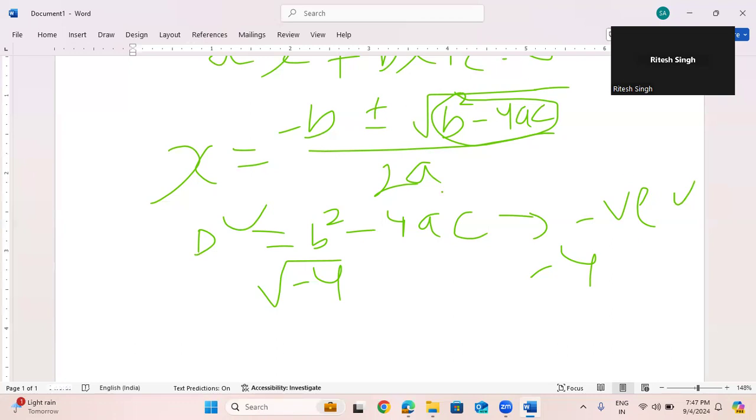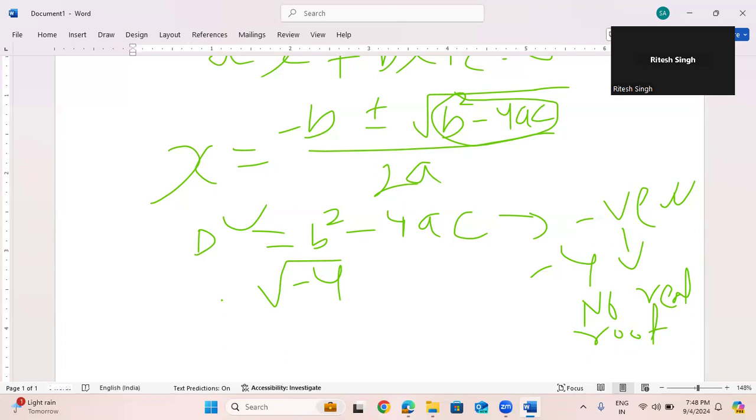If d is negative, no real root exists. You can note it down.